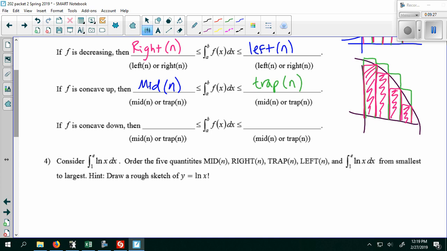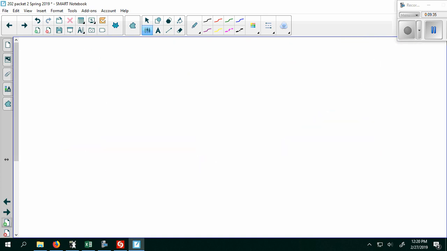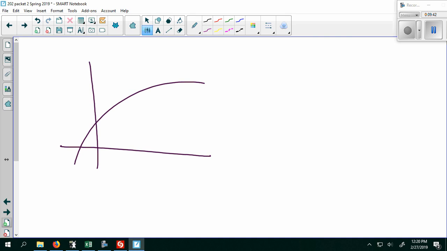All right, when we're concave down, it's probably going to reverse, but let's just draw a picture to check it out. Okay, a function that is concave down, maybe like that. So for mid, let's say I want to do this interval, find the midpoint. I'm going to go up to the function, draw a rectangle.